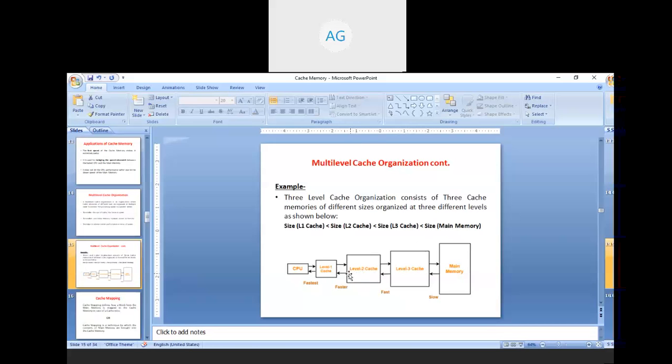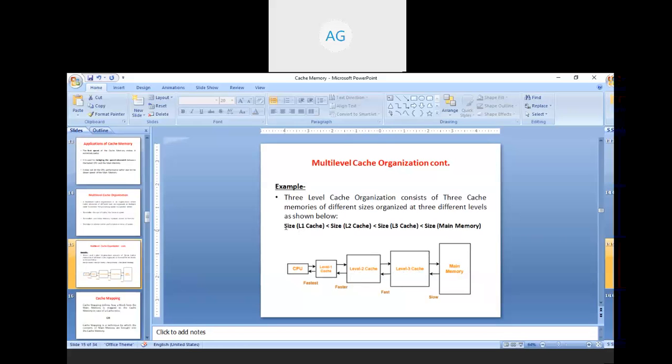These are known as level 1, level 2 and level 3 cache. The cache memory which is nearer to the CPU is known as the level 1 cache, and it is the fastest among all the cache memories. In between there is level 2, and after that level 3. Level 3 is nearer to the main memory, and it is the slowest among the cache memories.